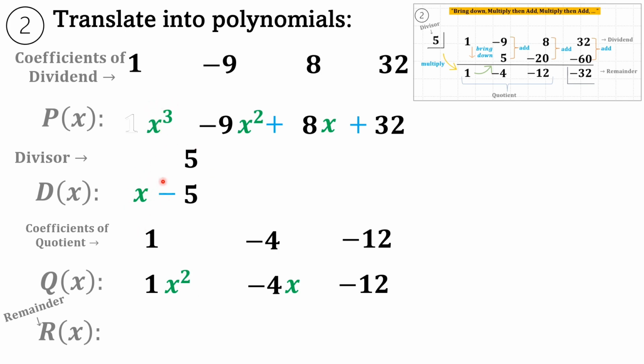That is 3 minus 1 is 2. So the degree of the quotient is 2. And the remainder is negative 32, or you may write it this way, negative 32 over x minus 5, which is the divisor.